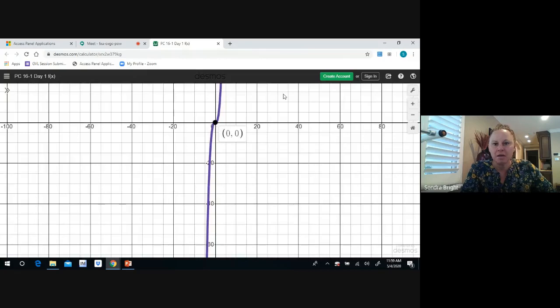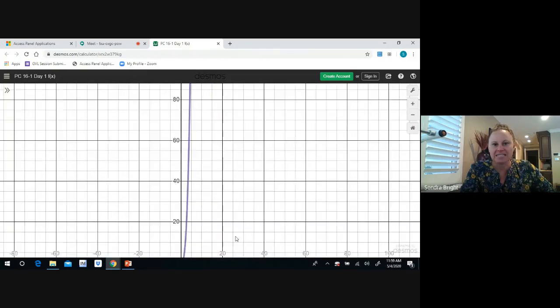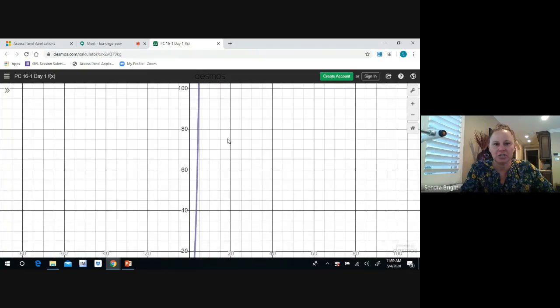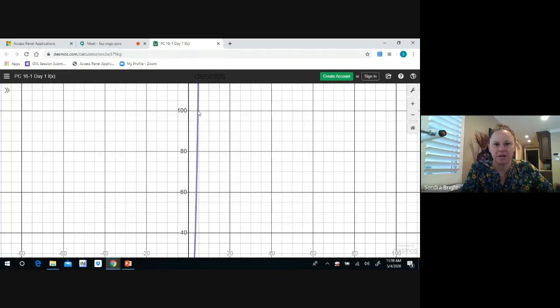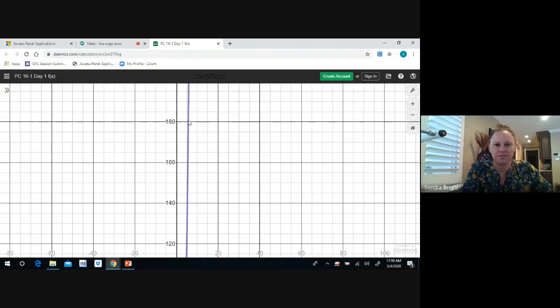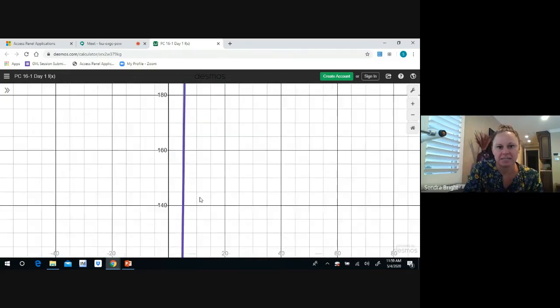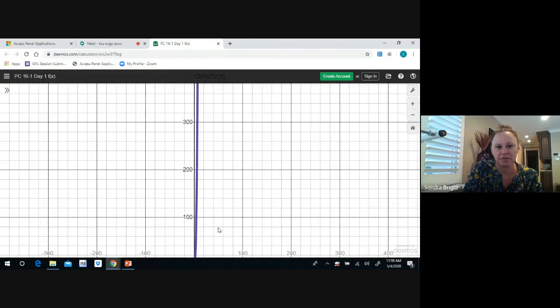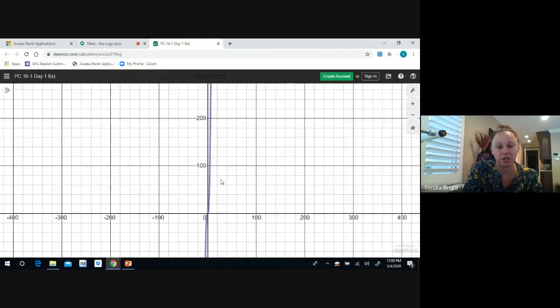But do you see that as x is getting larger and larger, right here, x is 4.6, and I've already got a y value of 100. And here I've got an x value of 5, and I'm already at 180. So do you see that it's zooming up to positive infinity as your x values are getting larger and larger?